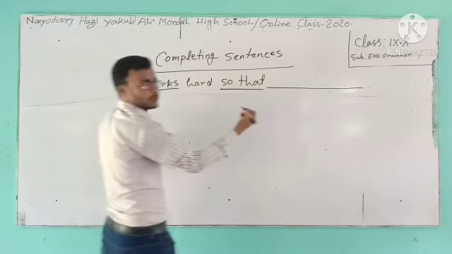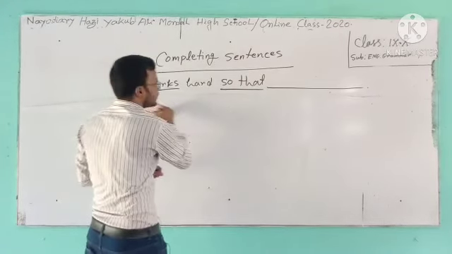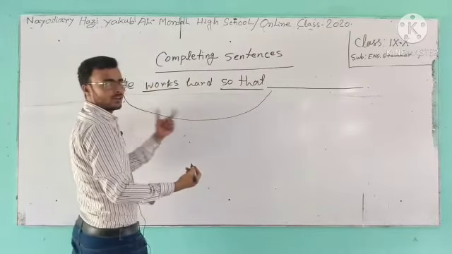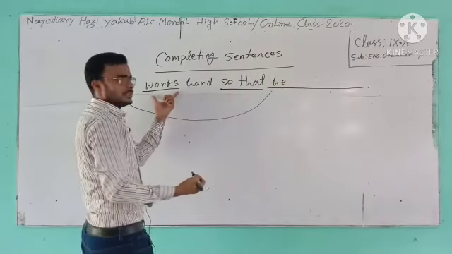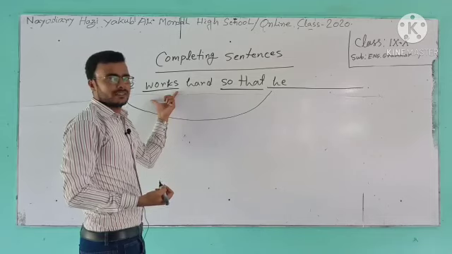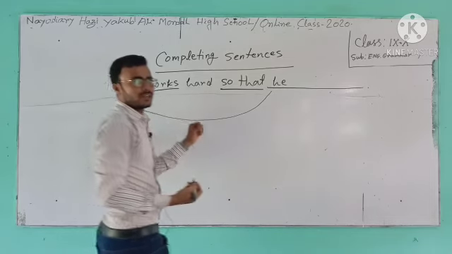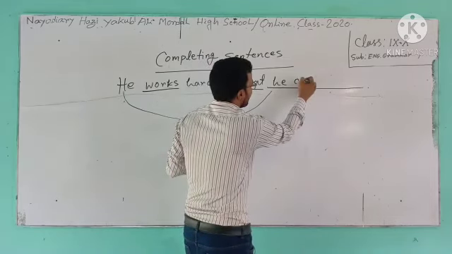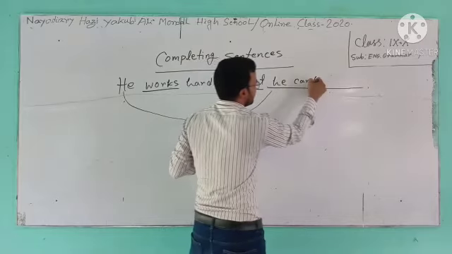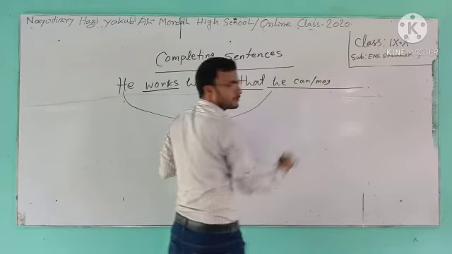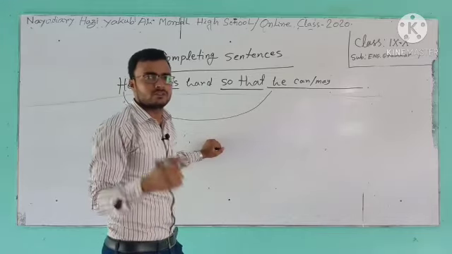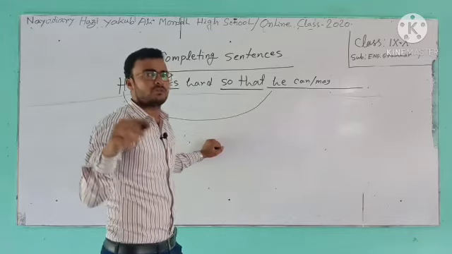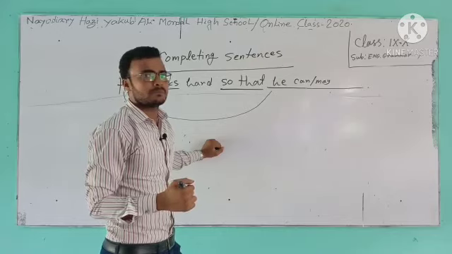So you need to use here the first subject once again, he. If the verb is in present tense, then you need to use can or may. You know, after the modal auxiliary verb, you need the form of the verb always in present form.